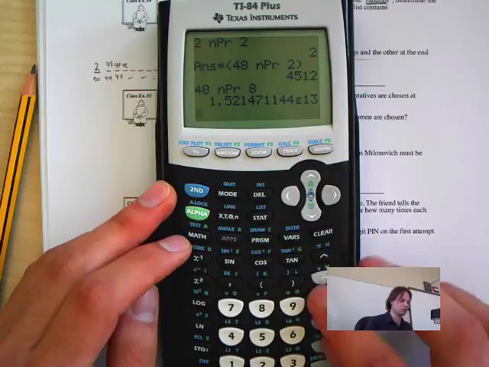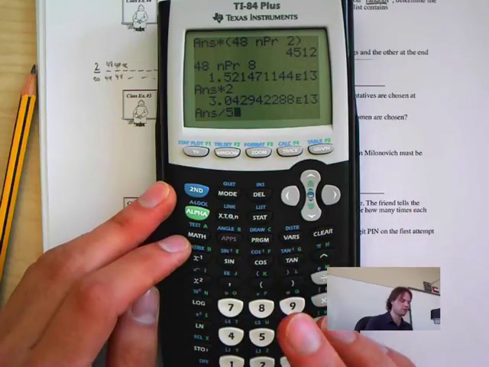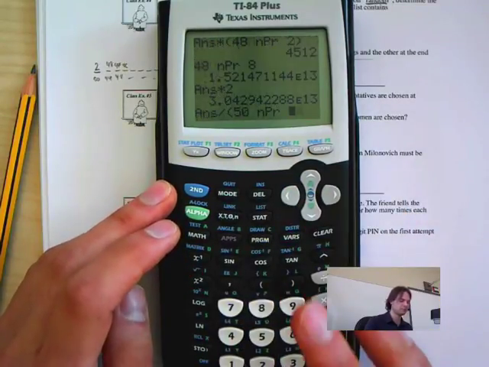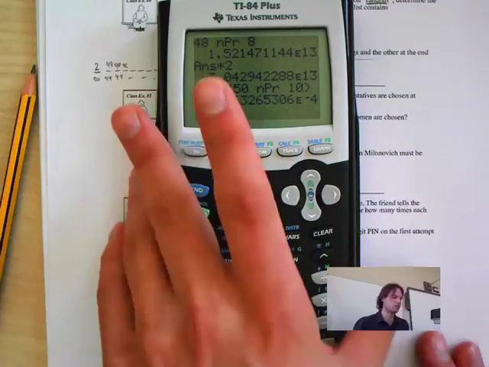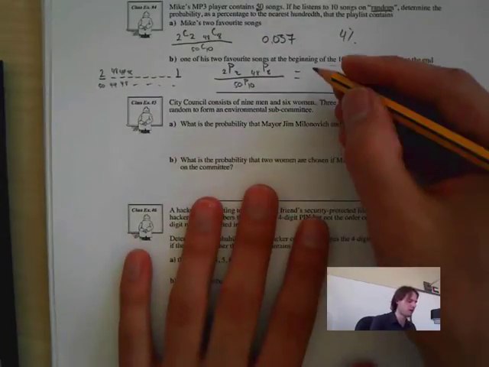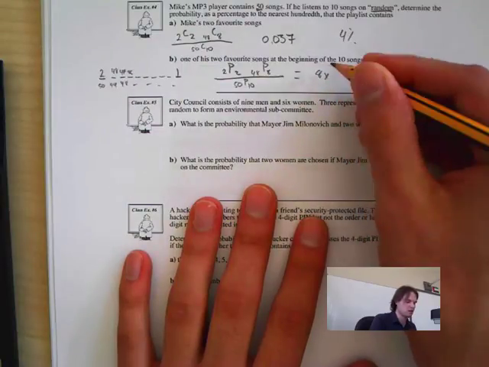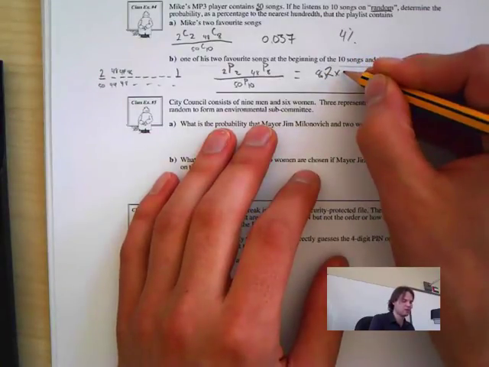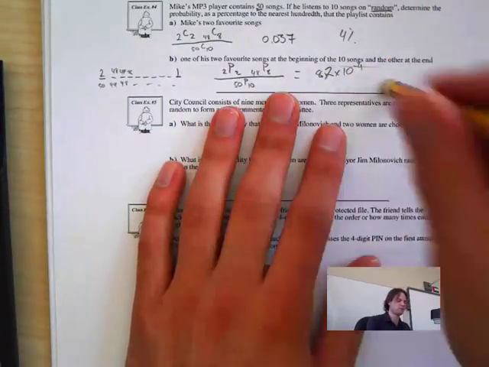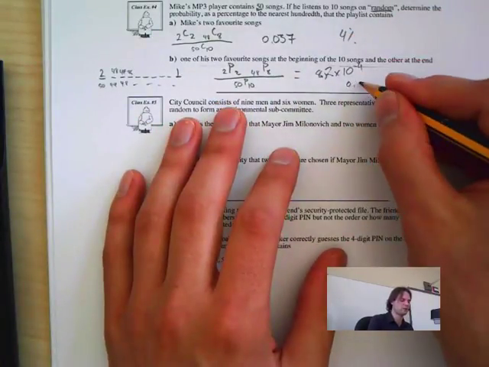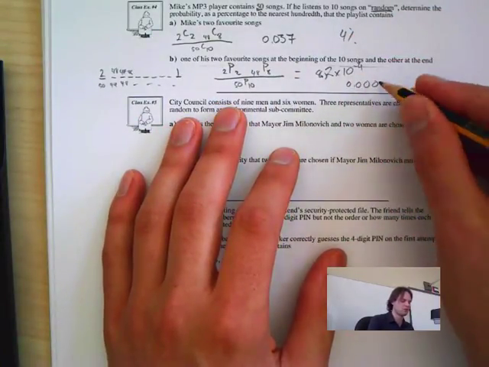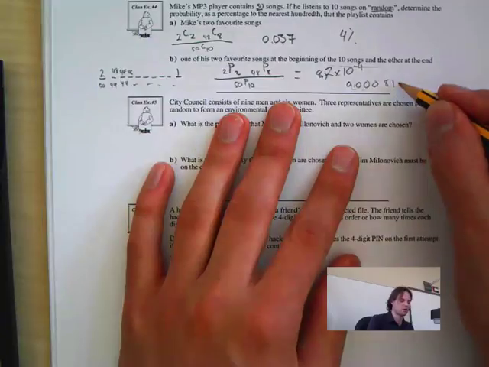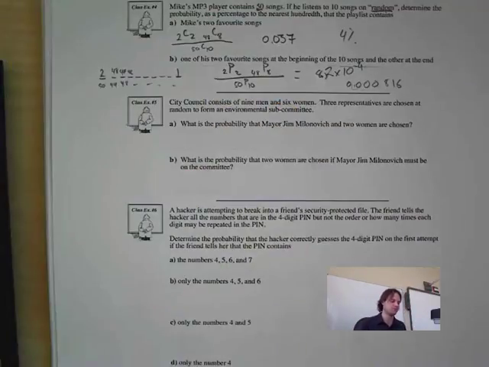And then we're going to multiply that by 2, divide by 50, put my brackets there just in case, 50 permutation 10, which gives me a really small probability of that. That is 8.2 times 10 to the negative 4. In other words, that is 0.0008, I believe. 1, 2, 3, 4. Yep. 816. That is the whole thing.